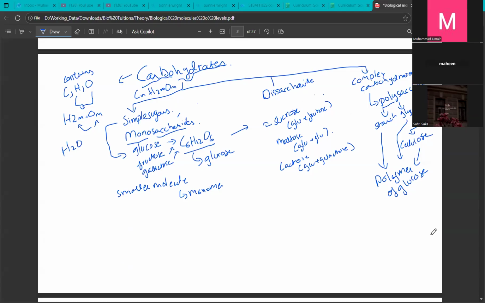So that was our structure, and those are our types. What is the general function of carbohydrates?